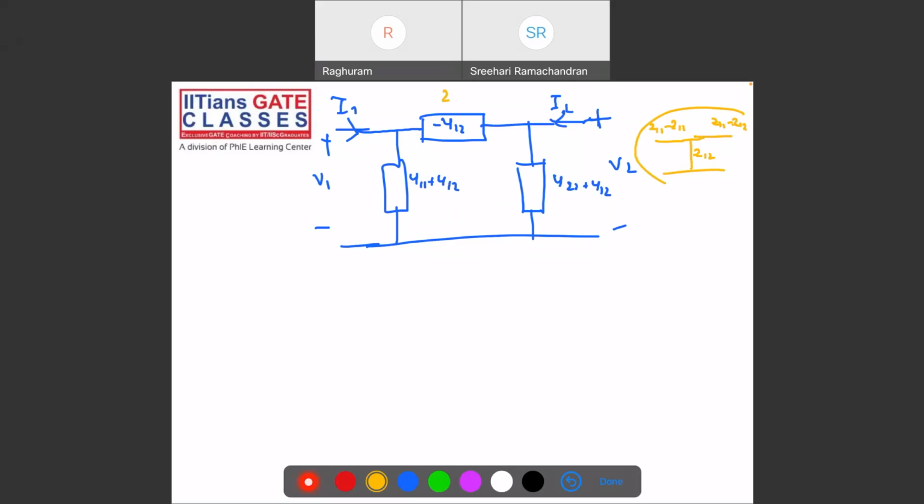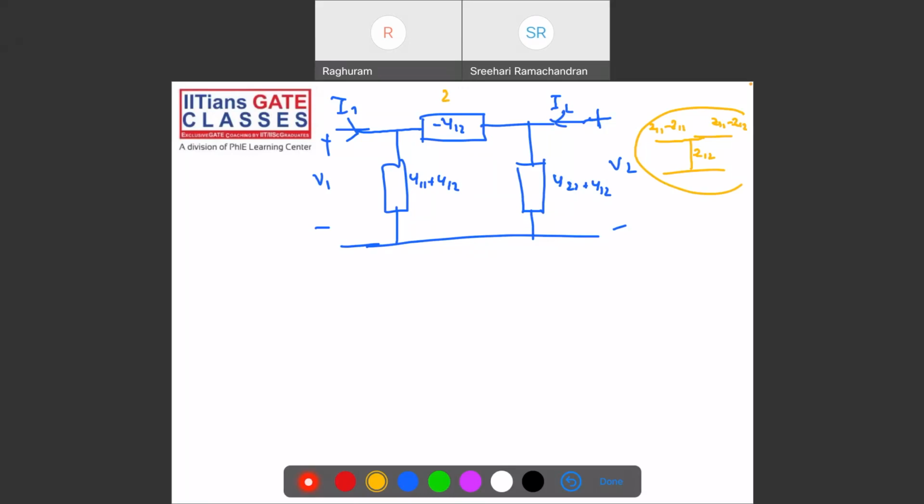Z parameters and Y parameters are dual of each other. You can write down the dual of one and you'll get the other. So T and pi are dual of each other, right? This is how you'll get it.